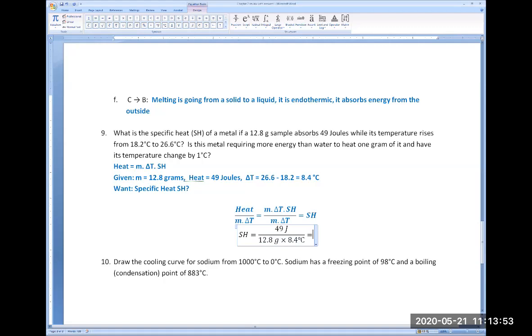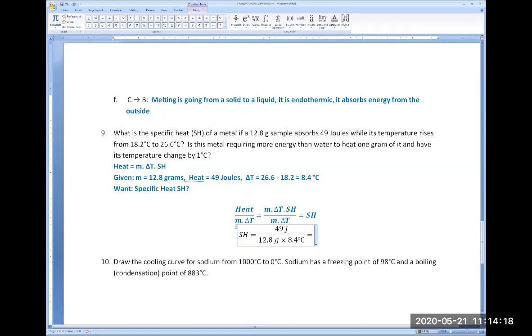So in the calculator, you do 49 divided by 12.8, and then divided again by 8.4. Otherwise, if you open the parentheses after you divide, then you multiply them together. So be sure of doing this properly.